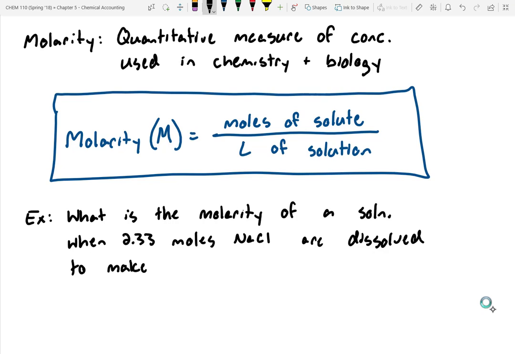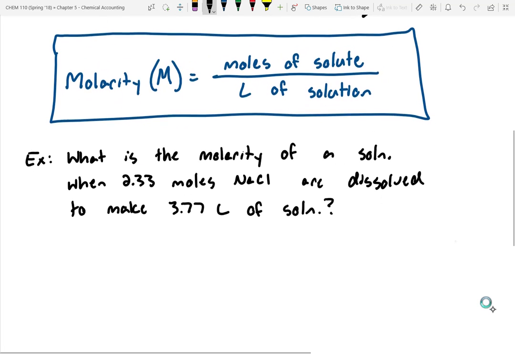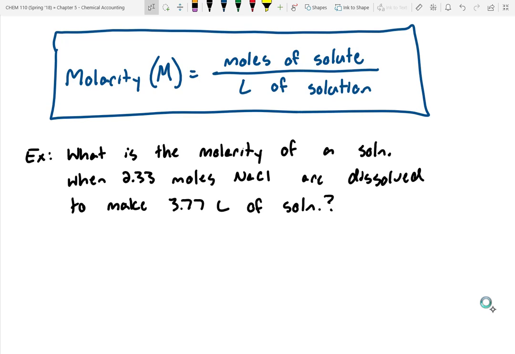Specifically, the solution is going to be 3.77 liters. So I'll give you a minute to try to work this out and then check with your neighbor and see if you agree.